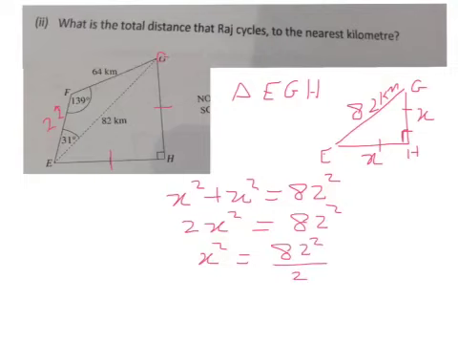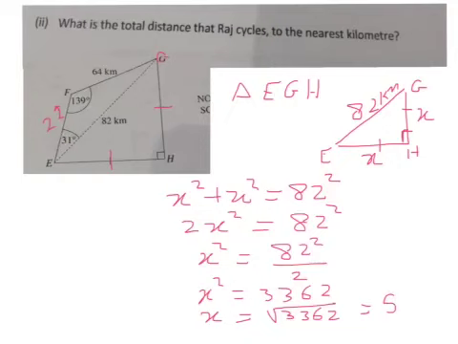This is all algebra work. x squared will be equal to 3,362. The next step, x would be equal to the square root, using the calculator, of 3,362, and that will give you about 57.9 etc. kilometers, but you still have to round it off, and that will be in general 58 kilometers.